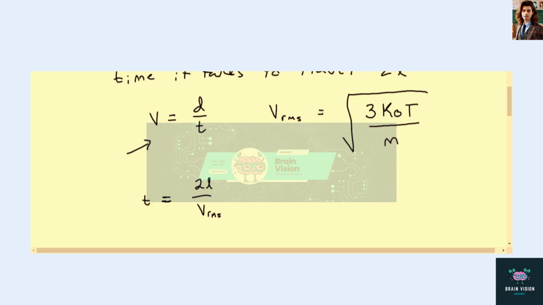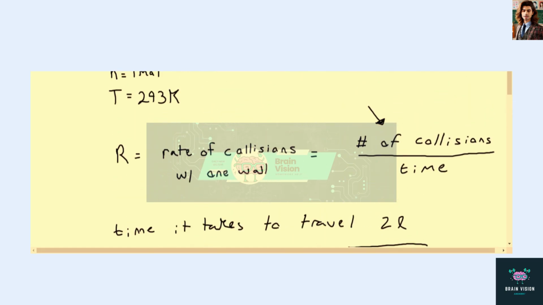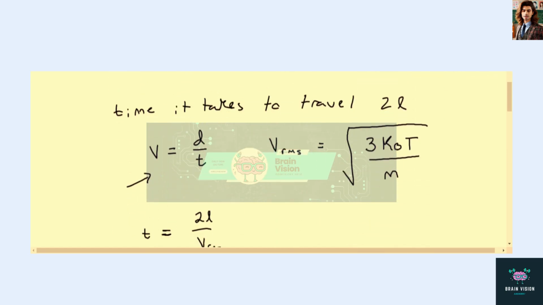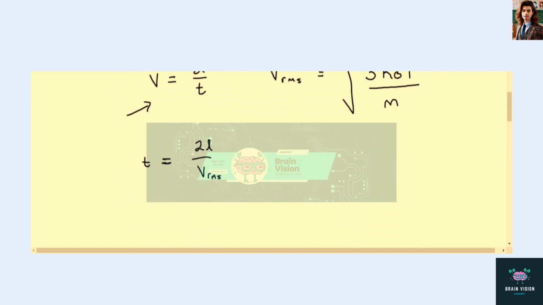So if we look back at our equation for the rate here, number of collisions per time, well, we have an expression for a time interval now, right? This is the time for which it's guaranteed that one collision will occur. Well, if that's the case, then our number of collisions is just one collision, right?